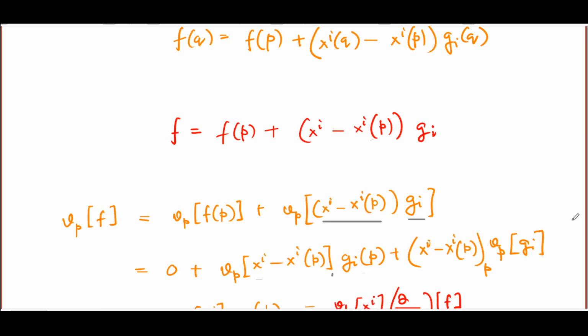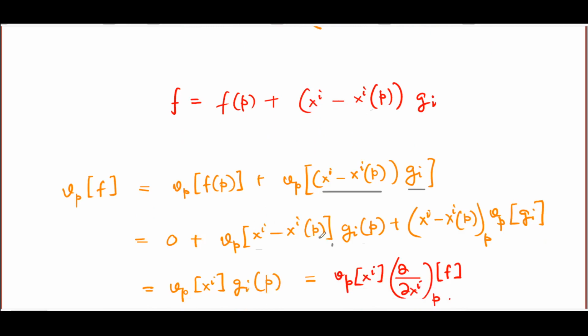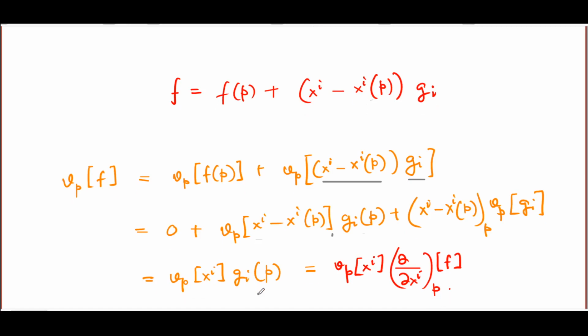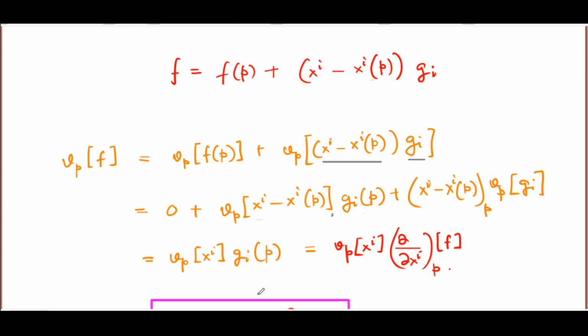On the other hand, Vp acting on xi minus xi(p) is simply Vp acting on xi, xi(p) once again being the constant numerical value or a constant function. Vp acting on xi(p) will be 0. So this will just give me Vp acting on xi times gi(p). But note that we have said that gi may be a very complicated function, but its value at the point p is well known. Its value at the point p is nothing but del xi at p acting on f.